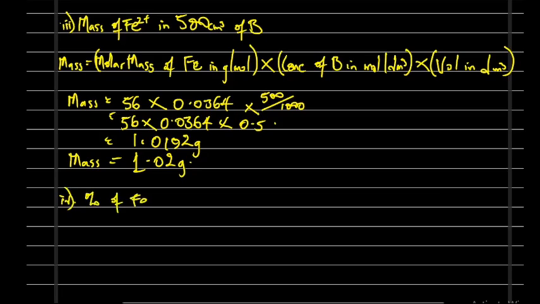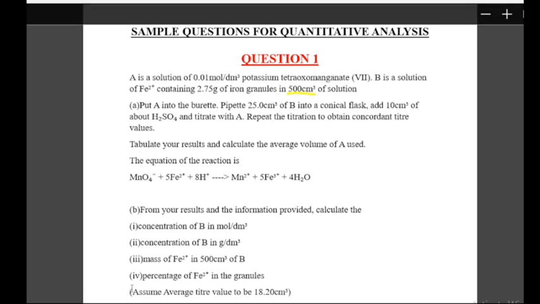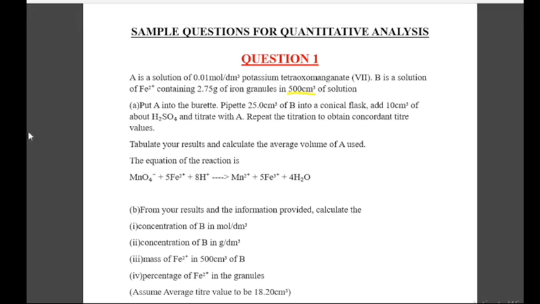Percentage of iron 2 plus in the granules. That's what the fourth question is saying: percentage of iron 2 plus in the granules.